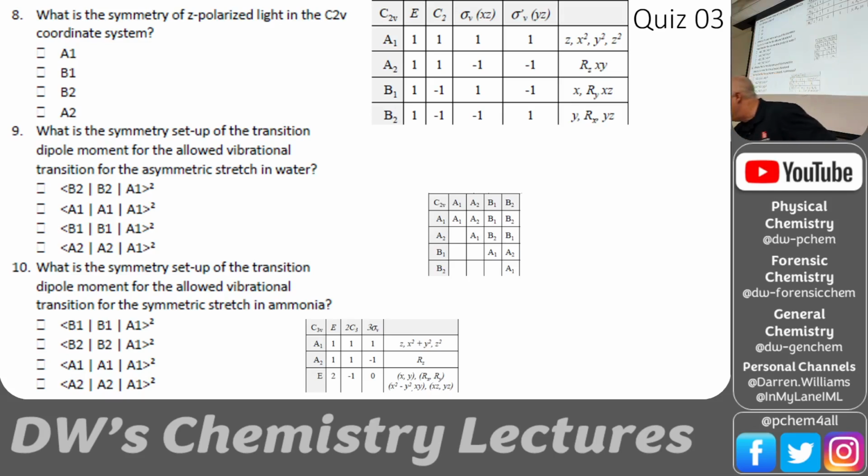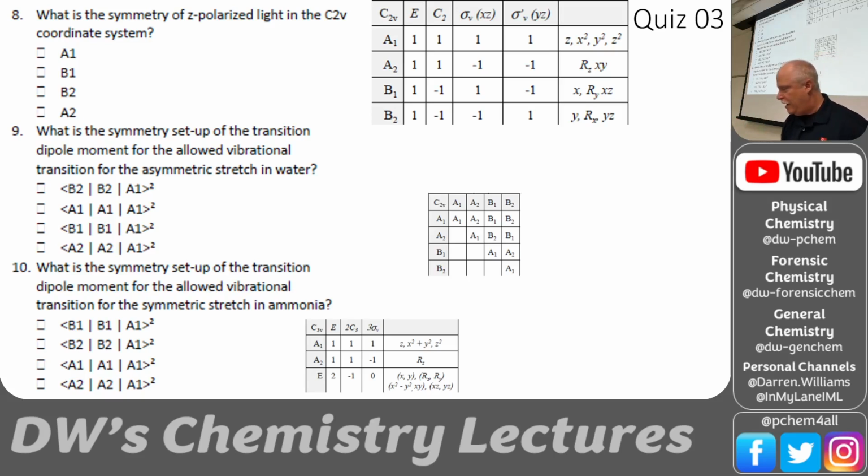If we were in the C3V character table on your little sheet here, then X and Y have parentheses around them, and they are coupled together and they're E. So if it was a C3V molecule, X or Y would be E, and Z-polarized light would be A1, coincidentally the same as in C2V. Okay.